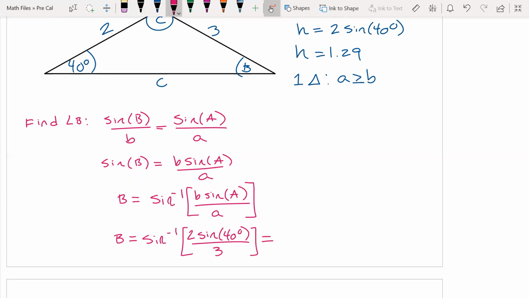And we get that angle B, let me type this in, the inverse sine of 2 sine 40 over 3 gives me that angle B to 2 decimal places is 25.37 degrees.